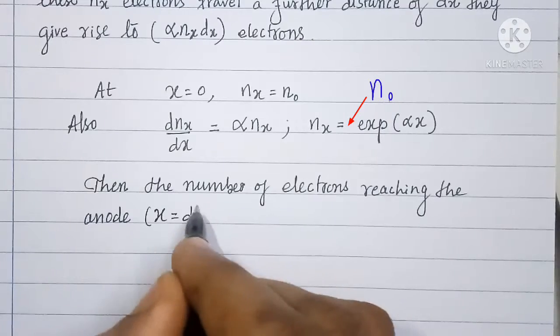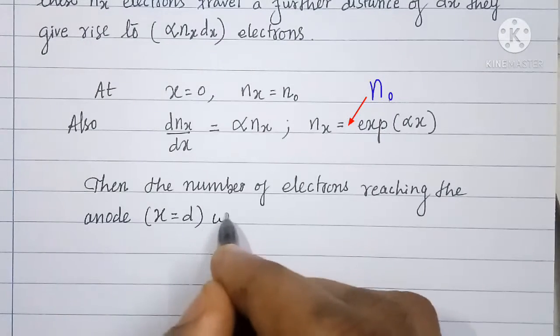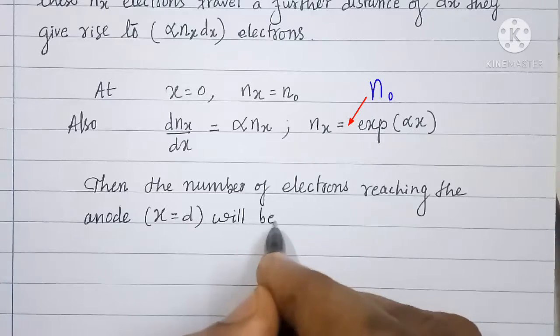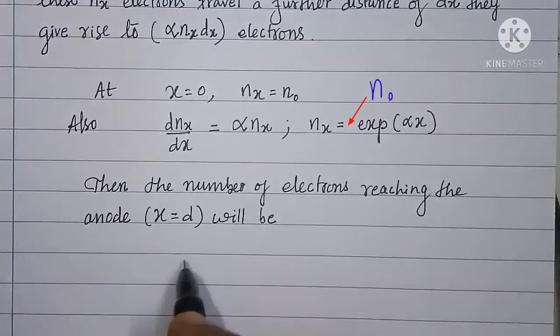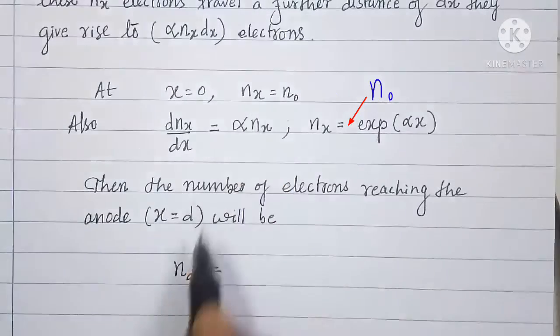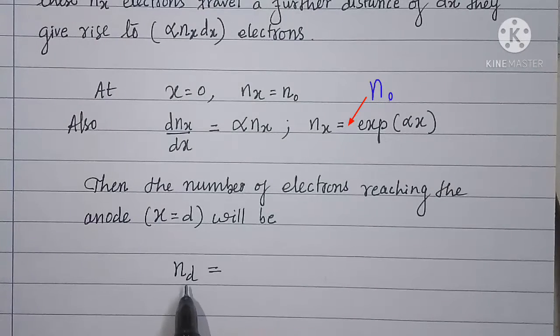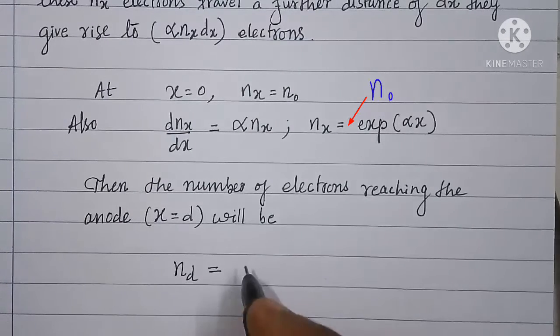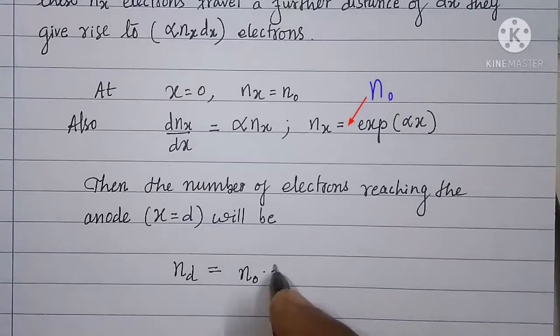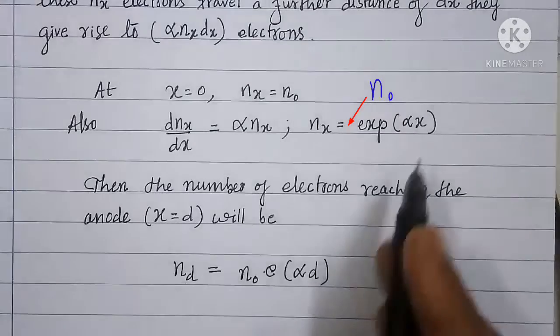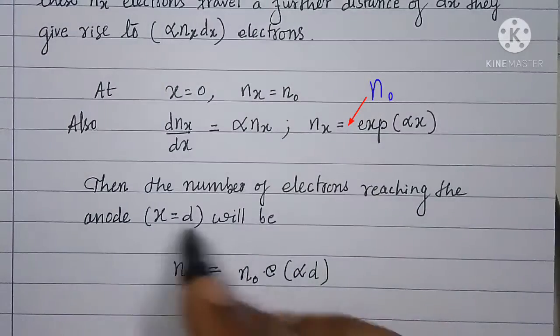That is at x equal to d will be nd. In place of x here I am going to put d. And what will be that? That will be equal to n0 into e to the power alpha d, because x is equal to d now for us here.